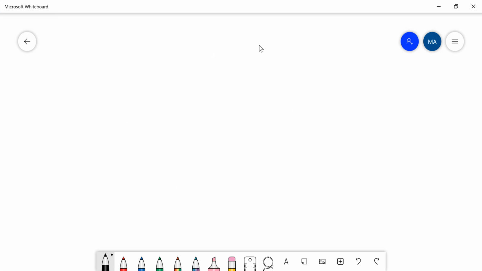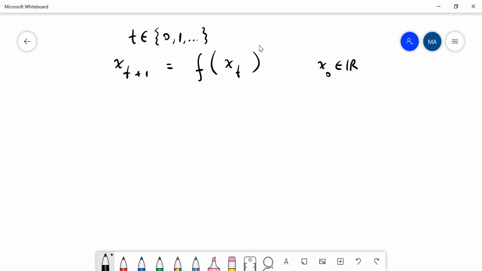Let's look at just one variable, and let's define this difference equation. Time starts at 0 and extends to positive infinity, and we have this initial value that is given, right? And f is some nonlinear function. Now, obviously, we define the steady state, or the set of steady states, in this way.